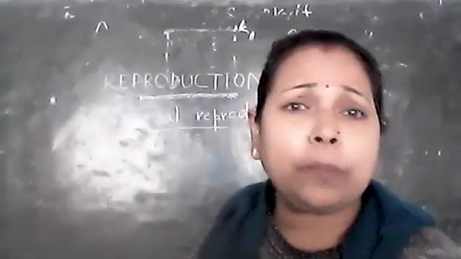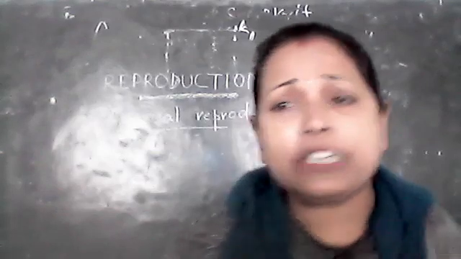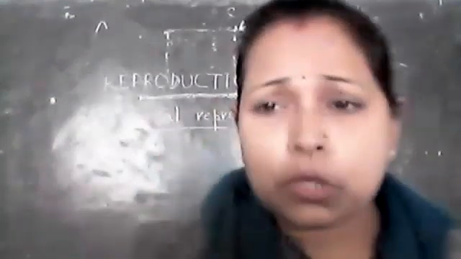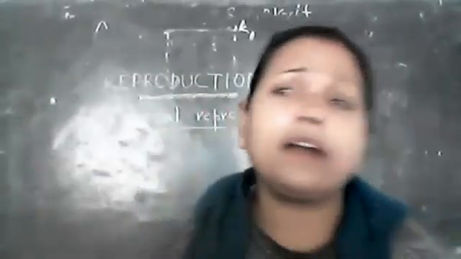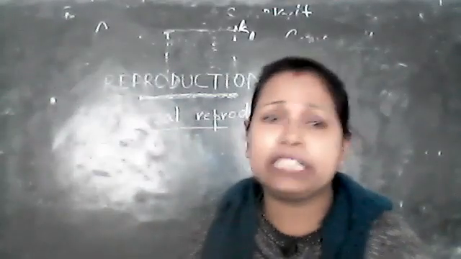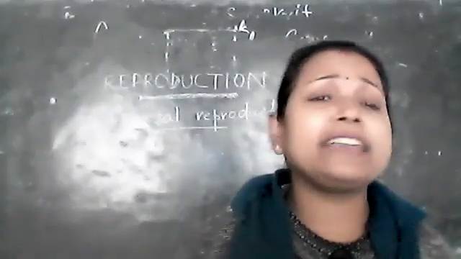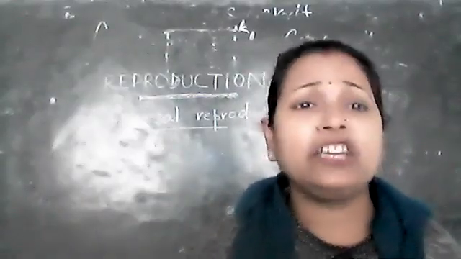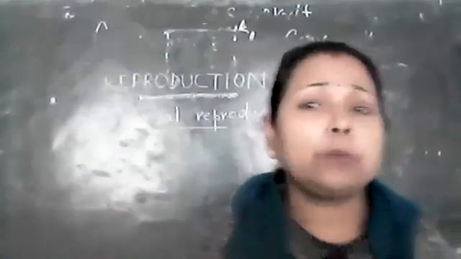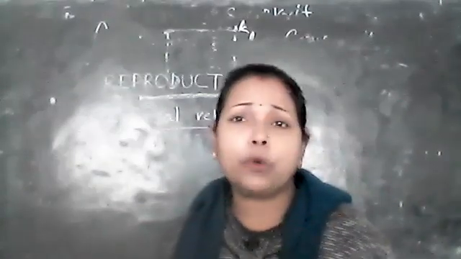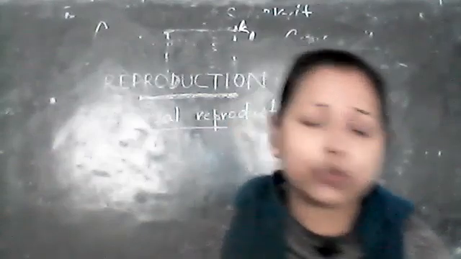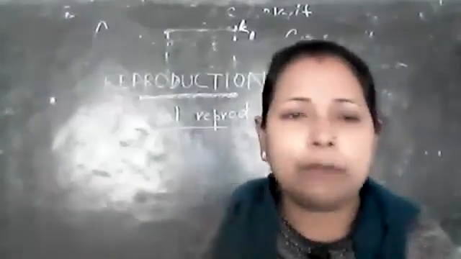They are microscopic, meaning they cannot be seen with our naked eye. They float in the air. Wherever they get a suitable medium, there they will grow. Okay, so this is spore formation. ये spore formation हो गया asexual method का another example.